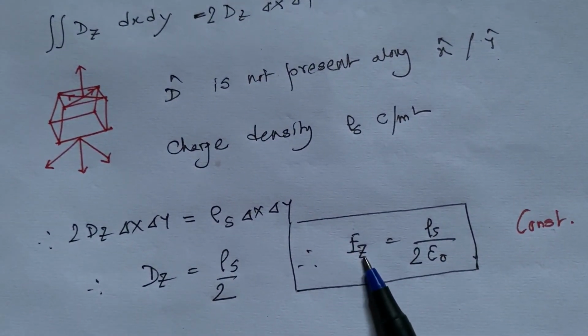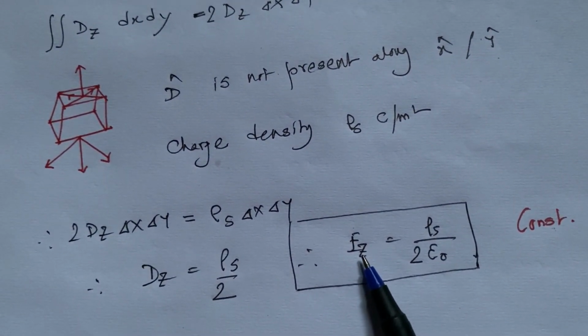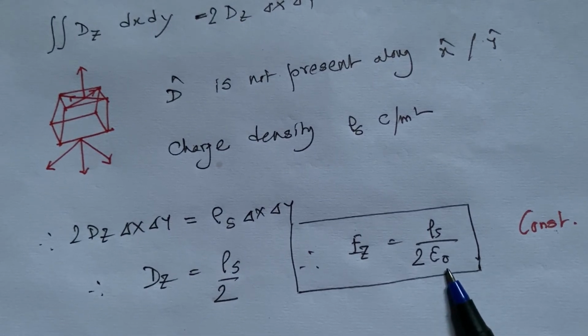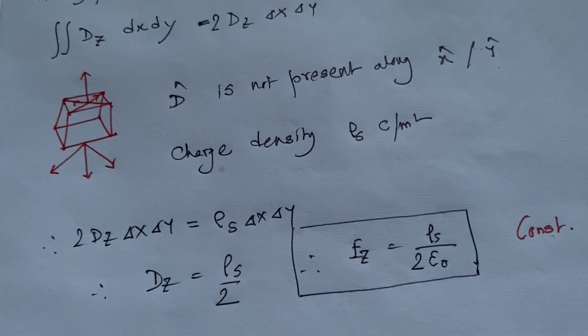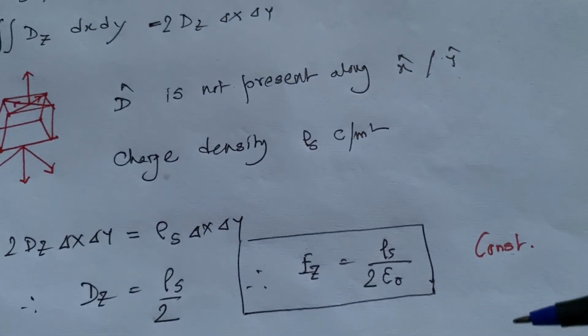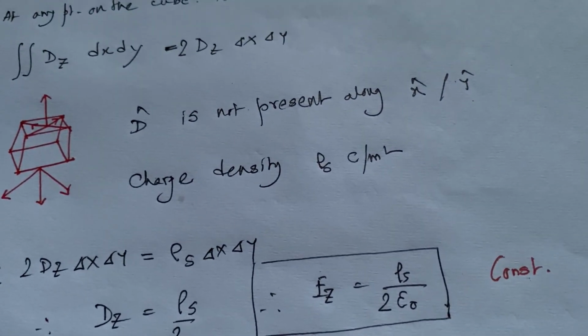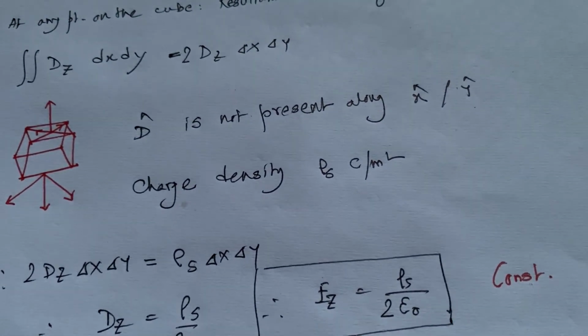Similarly, Ez, that is the z component of the electric field, is ρs by twice epsilon 0, if we assume that this is done in free space. And what is interesting here is that this is independent of x or y or z. It is constant.